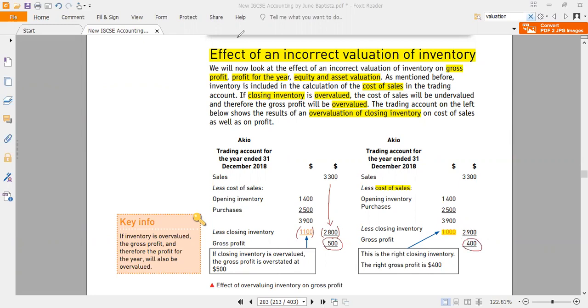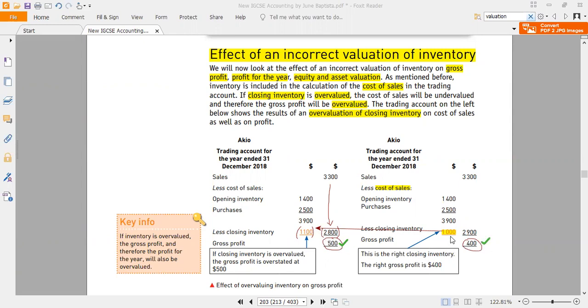So the conclusion is, if your value increases from 1000 to 1100, how much increase? It is 100. So profit also increases by 100. You see, instead of 400, it is 500.